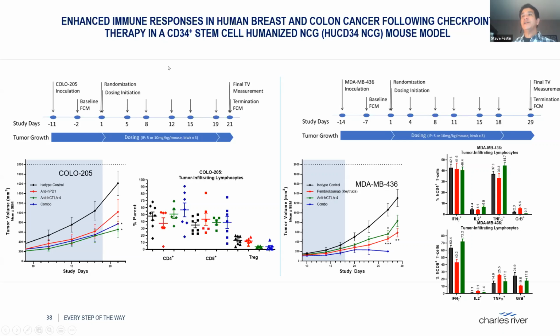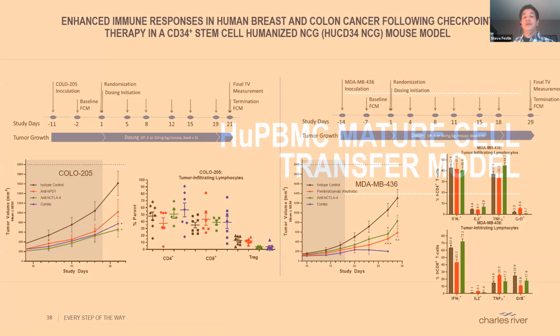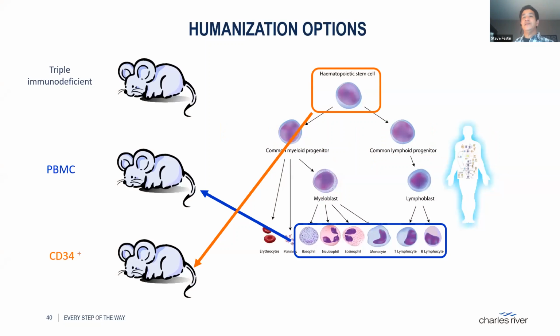So with that, for the last few minutes, I'm going to switch gears over to the PBMC model, and just remind you of the difference between the two models. With CD34, this is the stem cell transfer and then production of a reconstituted partial human immune system.